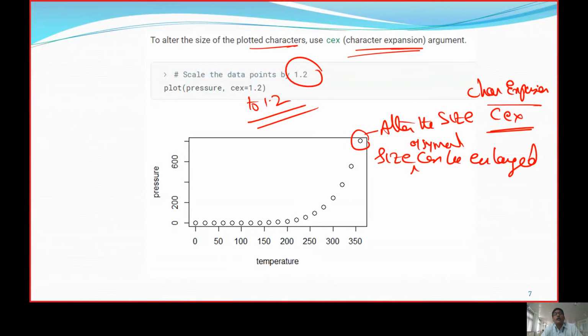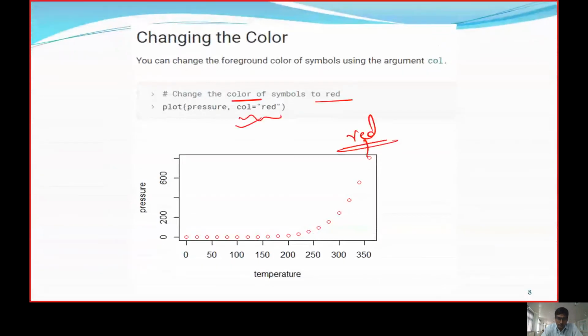And similarly, how much is the size of that symbol? We can increase the size or we can decrease the size. So we are setting this with a character expansion, that is CEX. The bubble size is going to be taken up.